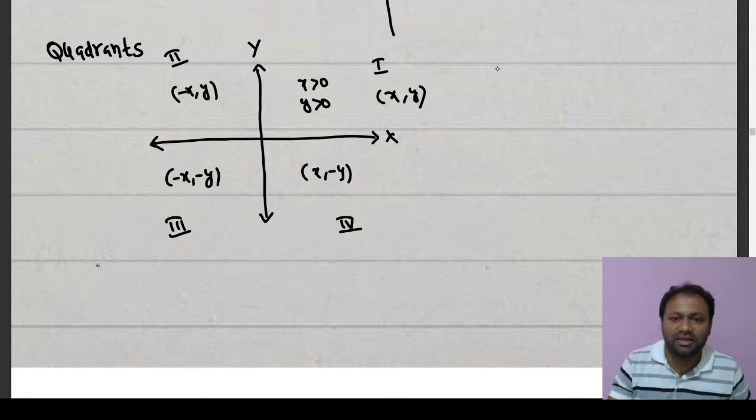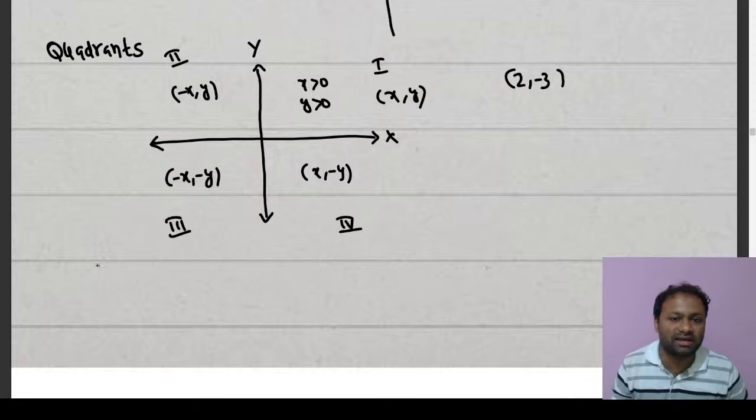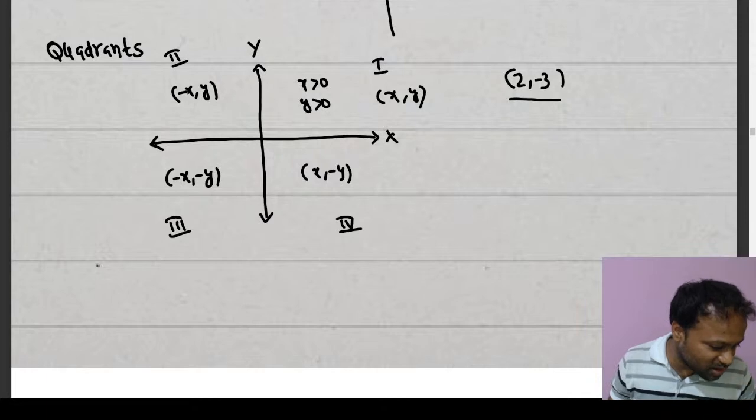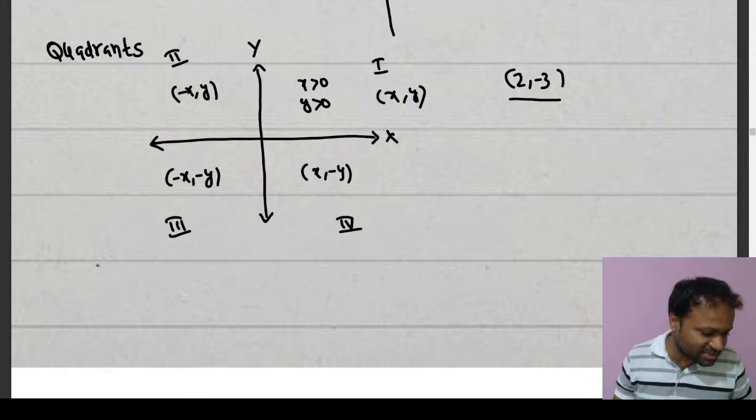First question: the ordered pair (2, -3), in which quadrant does it lie? First quadrant, second, third, or fourth? You can say the answer. Nobody is saying.